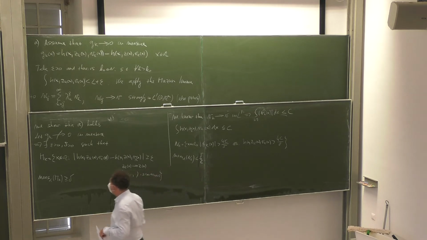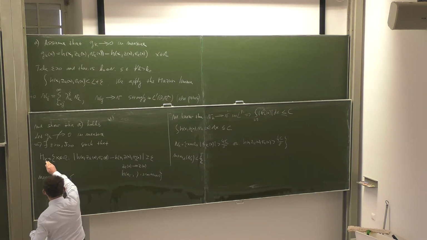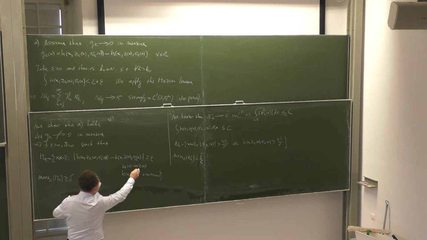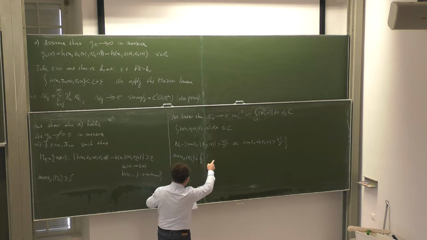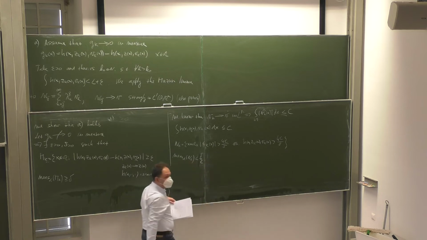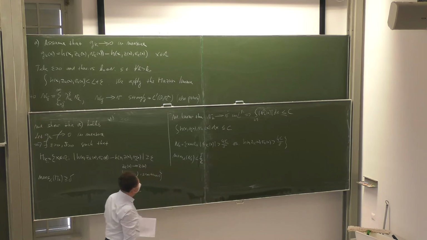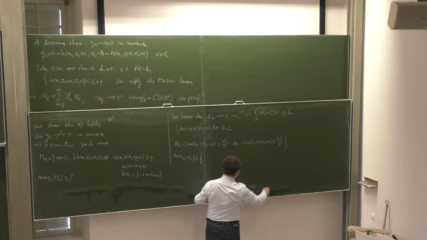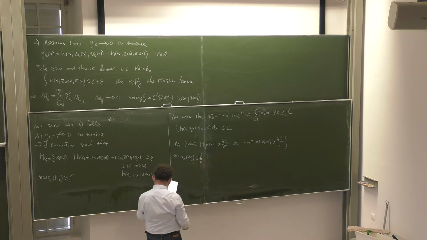So now we take points that are not here in Nk. So these are those where this is smaller than 4C divided by delta, and this is smaller than 4C divided by delta.